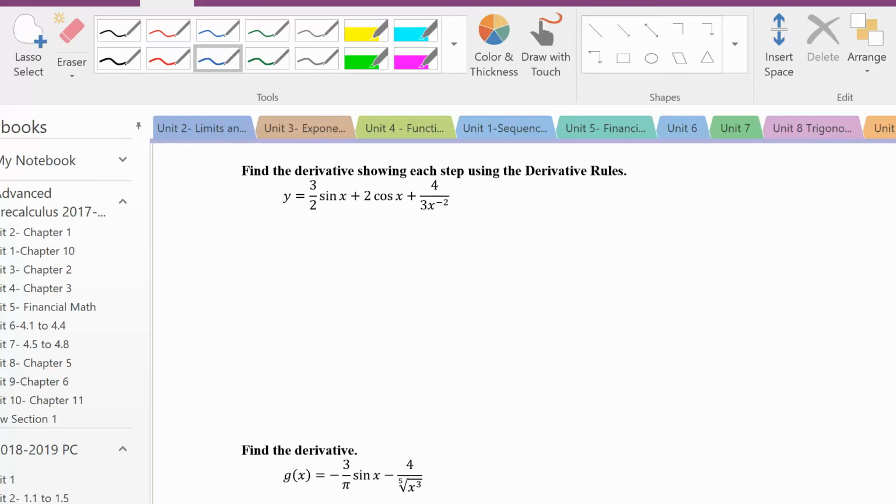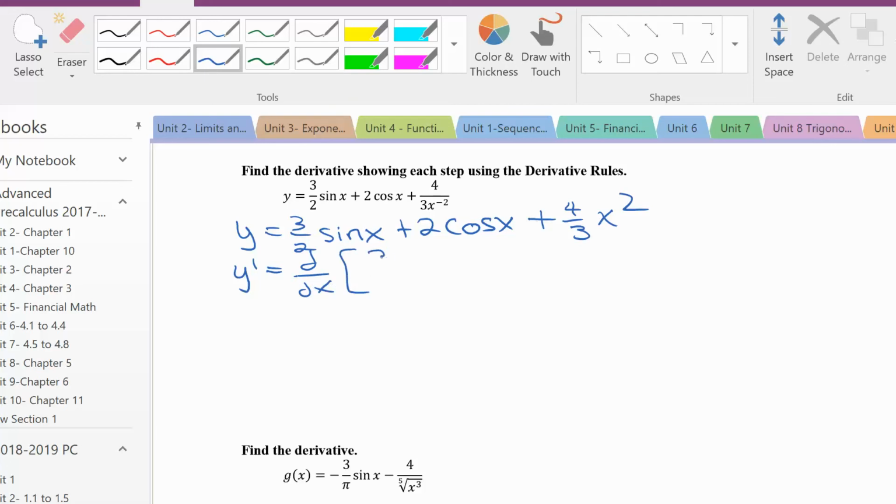All right, so finding the derivative using these rules. Remember, this is the same as saying y equals 3/2 sine x plus 2 cosine x plus 4/3 x squared. So when you take the derivative with respect to x, it's going to be the derivative of 3/2 sine x plus the derivative of 2 cosine x plus the derivative with respect to x of 4/3 x squared.